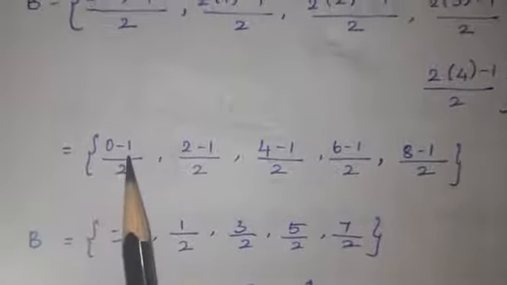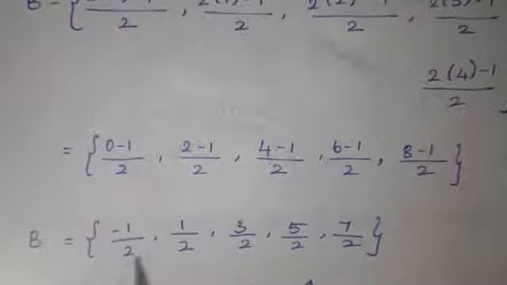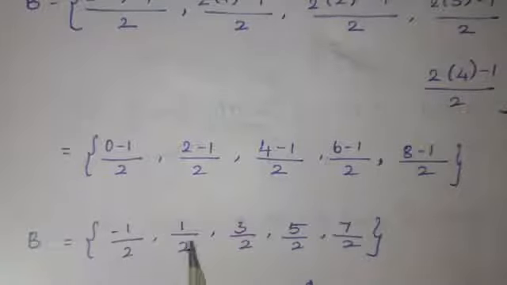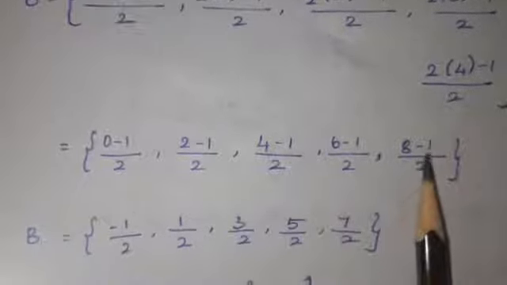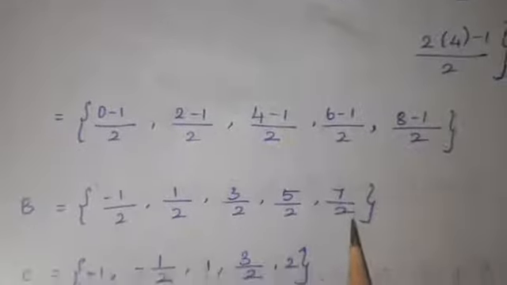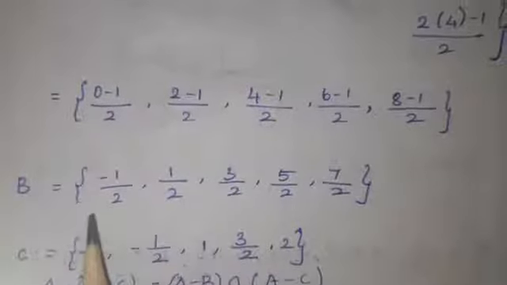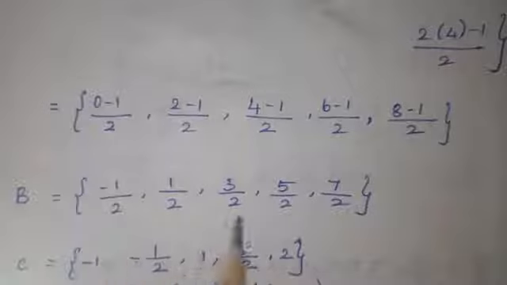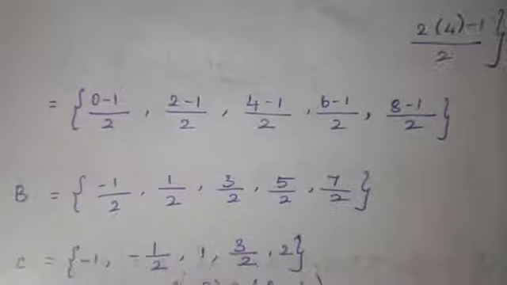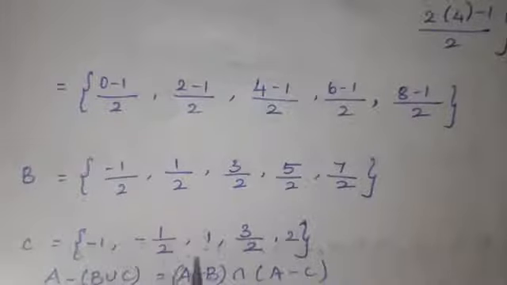Next, 0 minus 1 is minus 1 by 2, 2 minus 1 is 1 by 2, 4 minus 1 is 3 by 2, 6 minus 1 is 5 by 2, 8 minus 1 is 7 by 2. When you see that B set, the elements are not able to cancel, so you write as it is. This is the B set. Next, C set: in the question they directly gave it in roster form, that one I have written here.